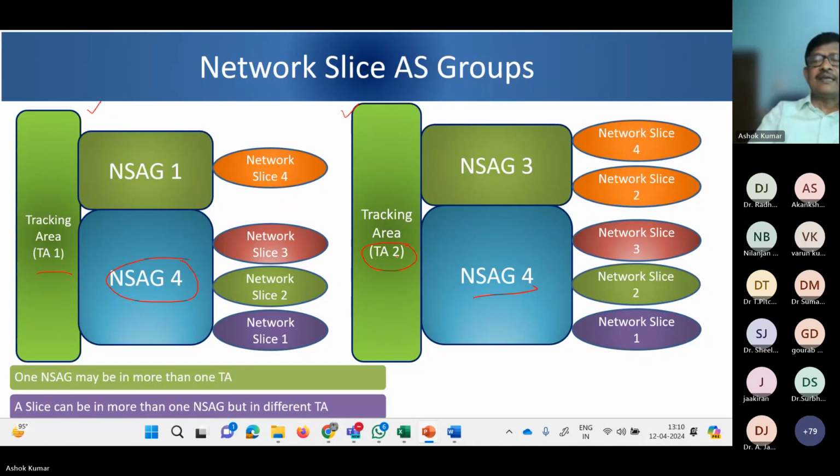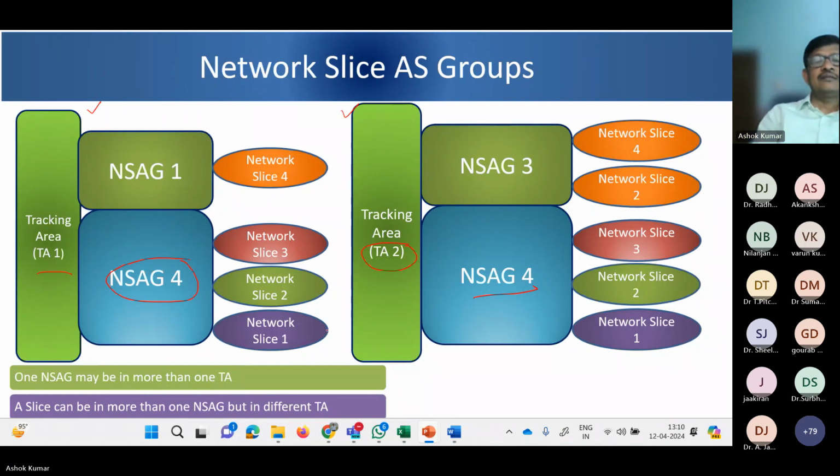And then one slice can also be in more than one group in different TAs. Can you see which network slice is there in 2 tracking areas with different groups?